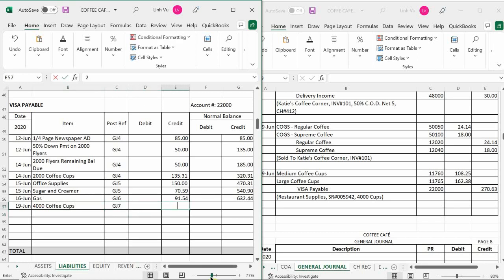For a grand total of $270.63. So what should be my ending balance on my credit card? After charging an additional $270.63, how much is my credit card?